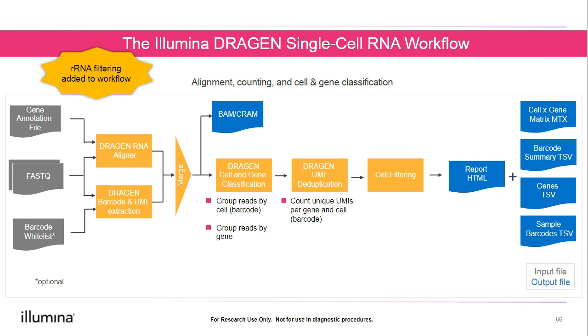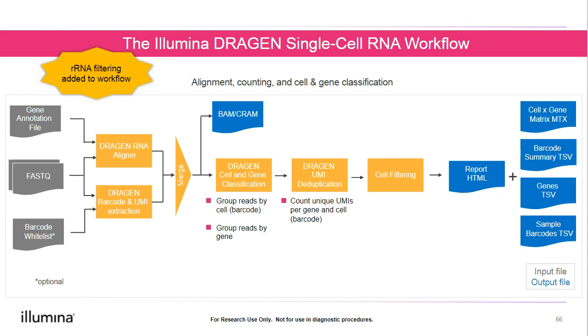Reads are aligned to the reference genome, and for 3.8.4 and above, rRNA filtering filters out the read pairs that align to rRNA sequences. The DRAGEN barcode and UMI extraction step extracts cell barcode and UMI sequences from the FASTQs. Then the merge step will align the reads that are tagged with their corresponding cell barcode and UMI sequences.